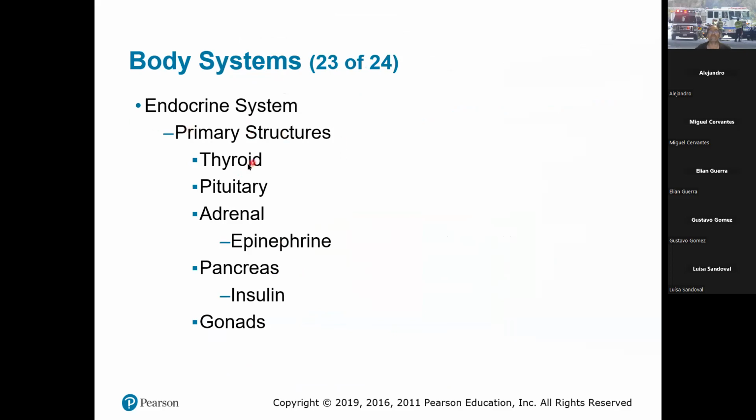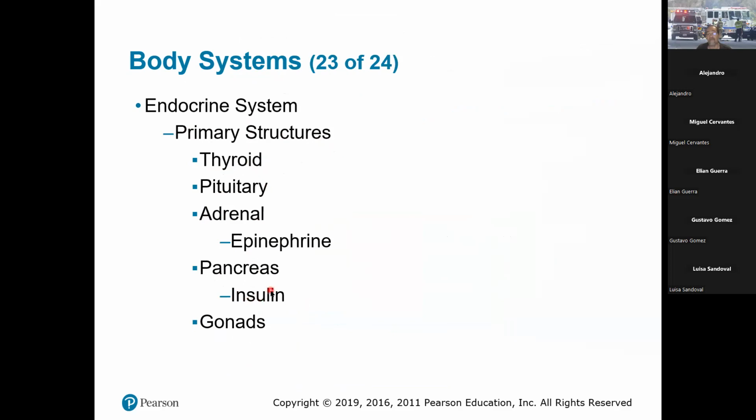The primary structures of the endocrine system are your thyroid, pituitary, adrenal, pancreas, and gonads. The adrenals are sitting right on top of the kidneys, like a little beanie for the kidneys, and they produce epinephrine. The pancreas itself produces insulin. Now, it also produces a couple of other things, but the main one is insulin.